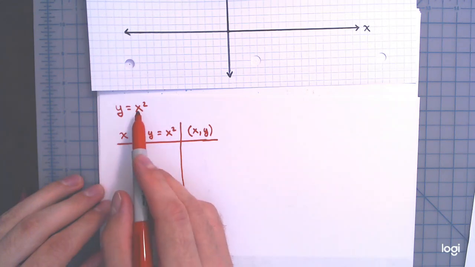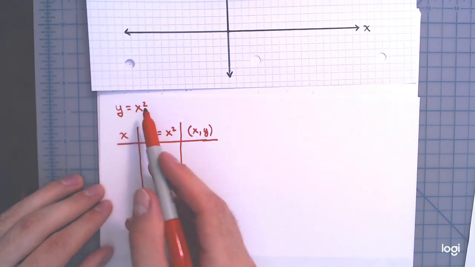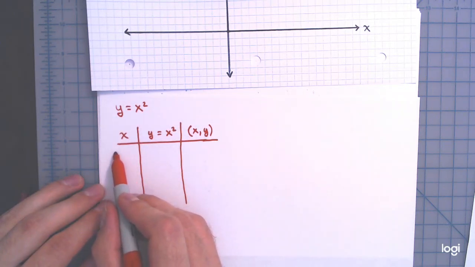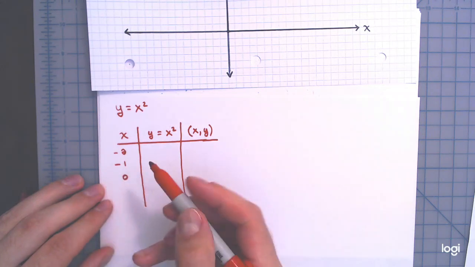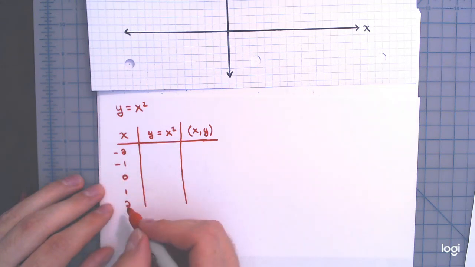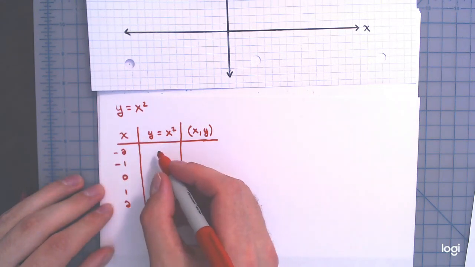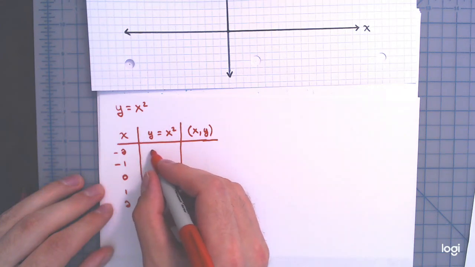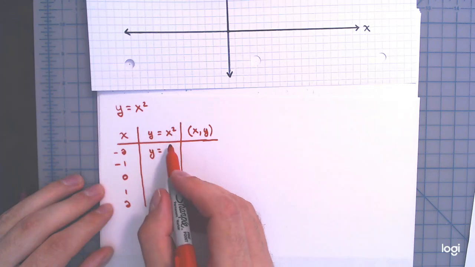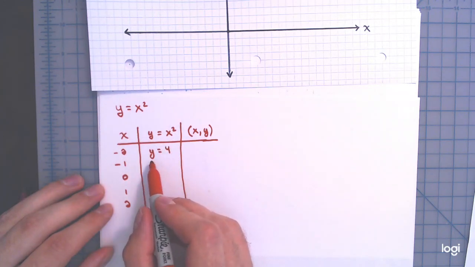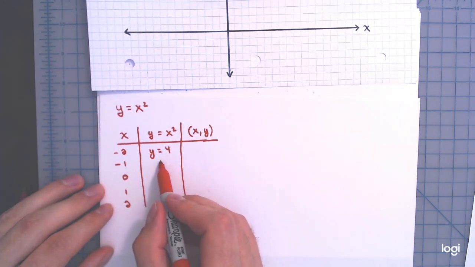Now, since there's no restriction on the domain here, this is just x squared. You can plug in anything for x. I like to plug in these 5 values centered around 0. So I'll plug in -2 to 2, and when x is -2, y equals 4, and when x is -1, y equals 1.